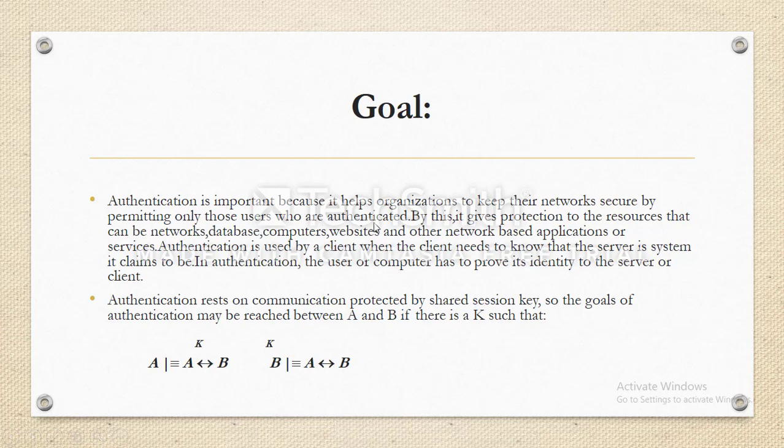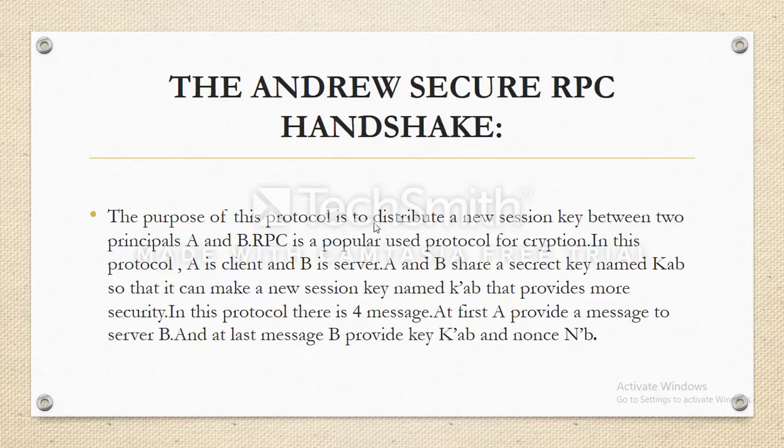So authentication helps any system to give access only to those users who are authenticated. Other users that are not authenticated don't get any access in the system. So the system will be more secure, and by this the resources, which can be networks, databases, computers, websites and so on, will be secure. That's the main goal of authentication.